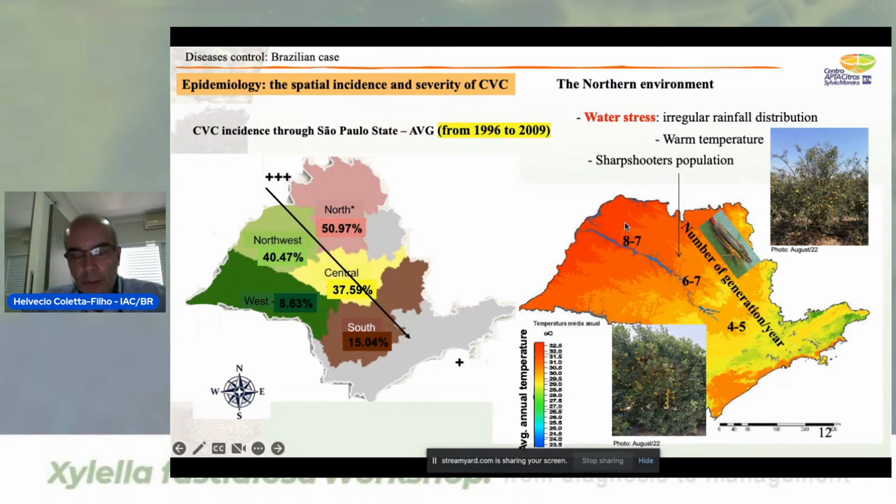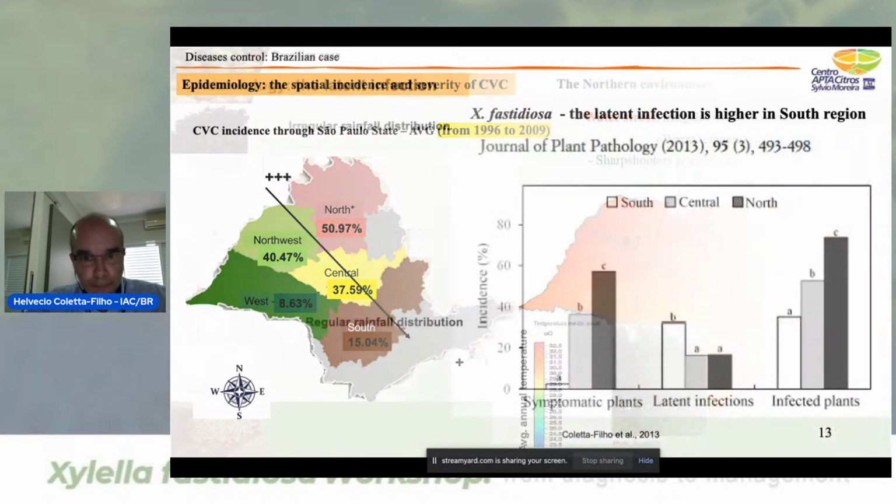Also, the median temperature is higher in the north compared to the south of São Paulo state, and this has a direct influence on the number of generations per year of the sharpshooters. It's important to keep in mind those different environmental conditions in the north and south of São Paulo state.